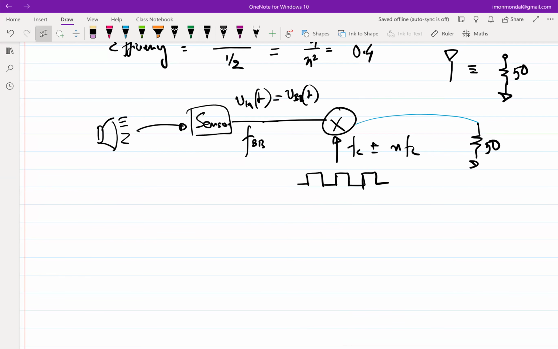Government auctions the spectrum, and you hear so many things in the news that this spectrum goes to this person, this company, and so on. So as it turns out, you have specific carrier frequencies at which you can transmit your carrier. Around the carrier frequency, you probably will have a few hundreds of kilohertz of bandwidth that you can use to transmit, if you are transmitting only text or voice.